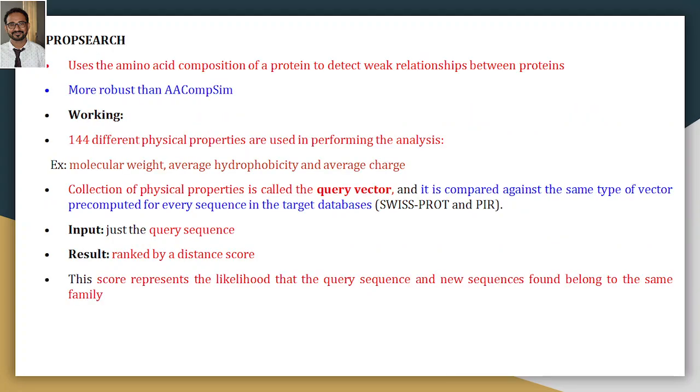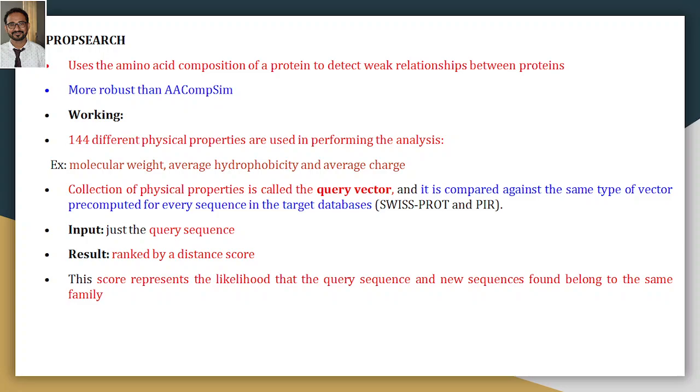Next, PropSearch. It uses the amino acid composition of a protein, again composition of the protein, to detect weak relationships between proteins, more robust than the previous one. 144 different physical properties are used in performing this analysis, not just one or two.